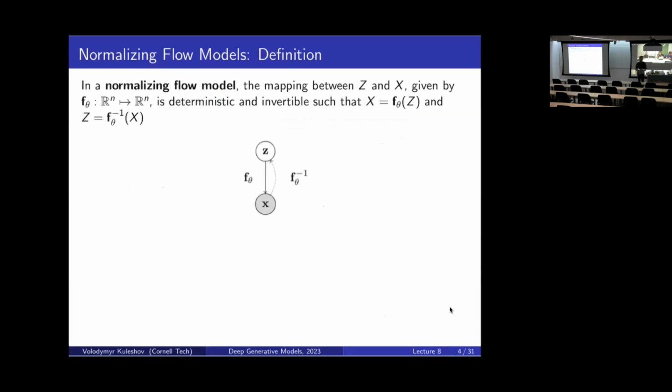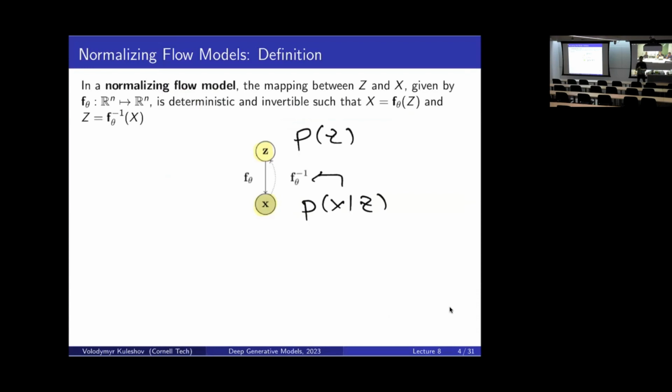So let's recall what a normalizing flow model is. In a normalizing flow model, we have latent variables z and observed variables x. We start with a simple prior over z, which can be something like a Gaussian, and then p of x given z is given to us by this mapping f.